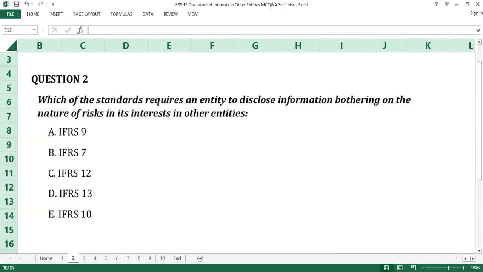One of the twin objectives of IFRS 12 is to require an entity to disclose information that enables users of its financial statements to evaluate the nature of and risk associated with its interest in other entities. C is the answer to question number 2.